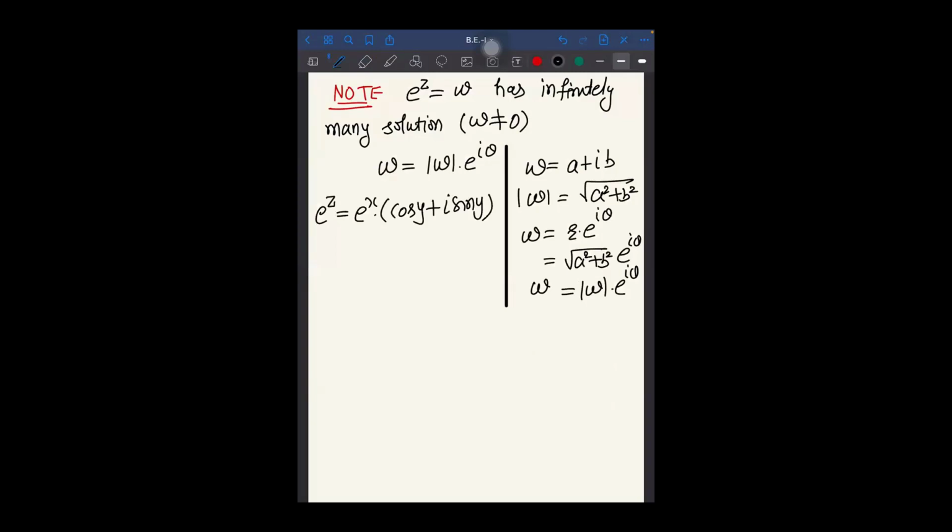Or in other words, I can also write e^z as e^x times e^(iota y). Now we want to solve this equation. So e^z must be equal to w. That's what we want. So your e^z, which is e^x e^(iota y), should be equal to mod w times e^(iota theta). Are you with me on this?